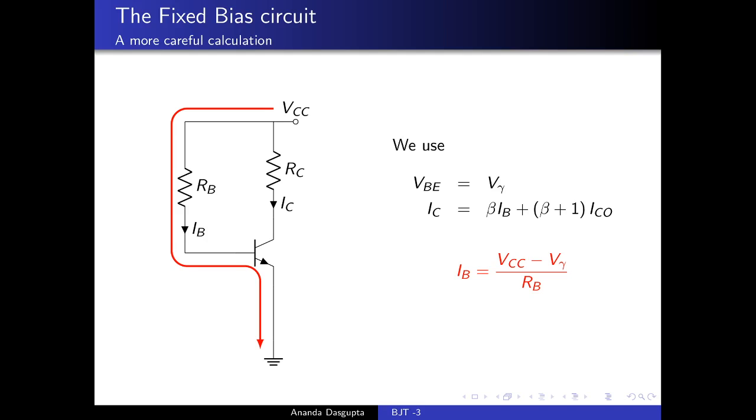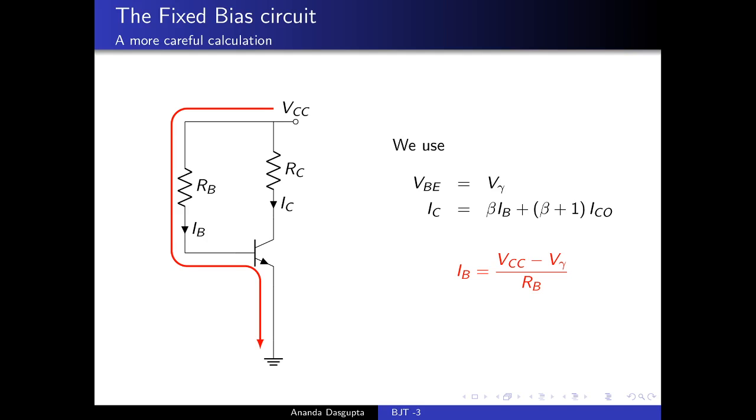Now, of course, the parameter V gamma in this equation, the base emitter voltage of the transistor, really depends on the transistor, and it of course depends on the operating situation of the transistor. However, VBE is almost fixed at this V gamma value, which is around 0.7 volts or something, depending on the kind of material your transistor has.